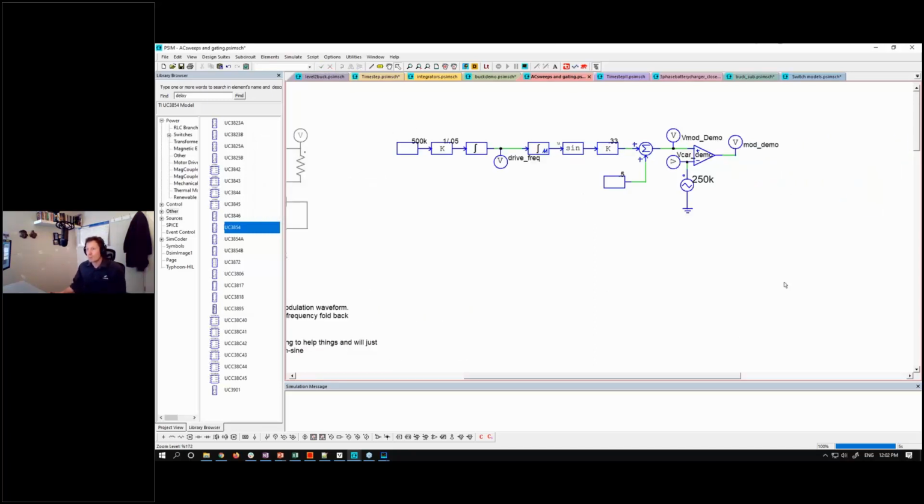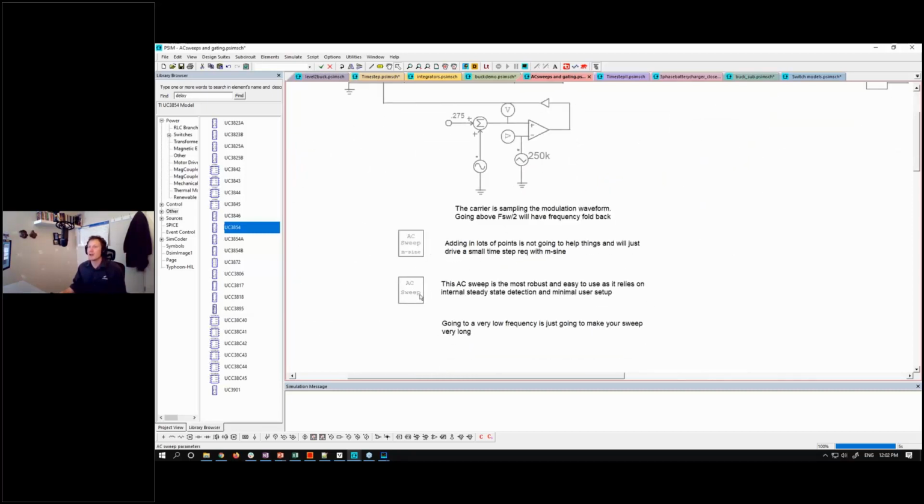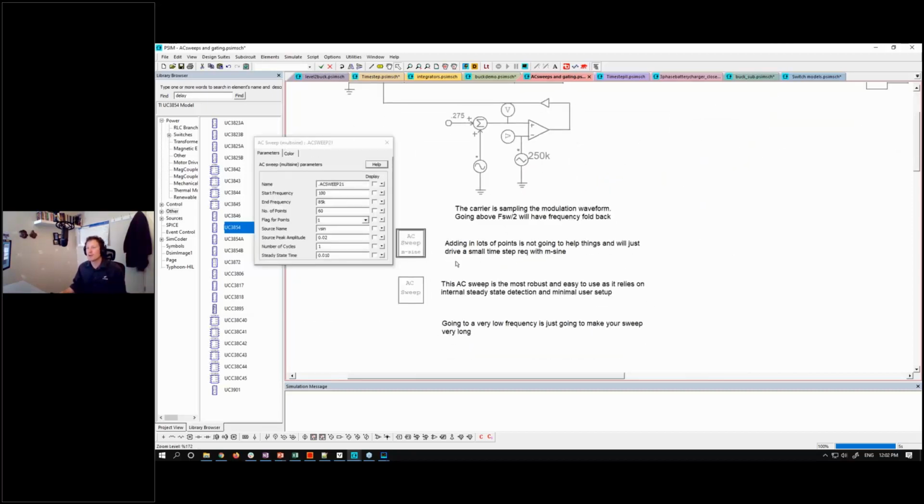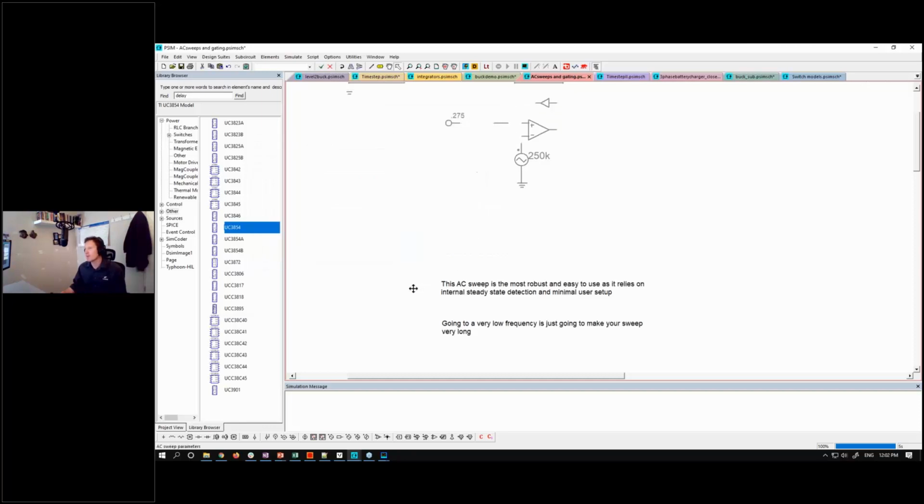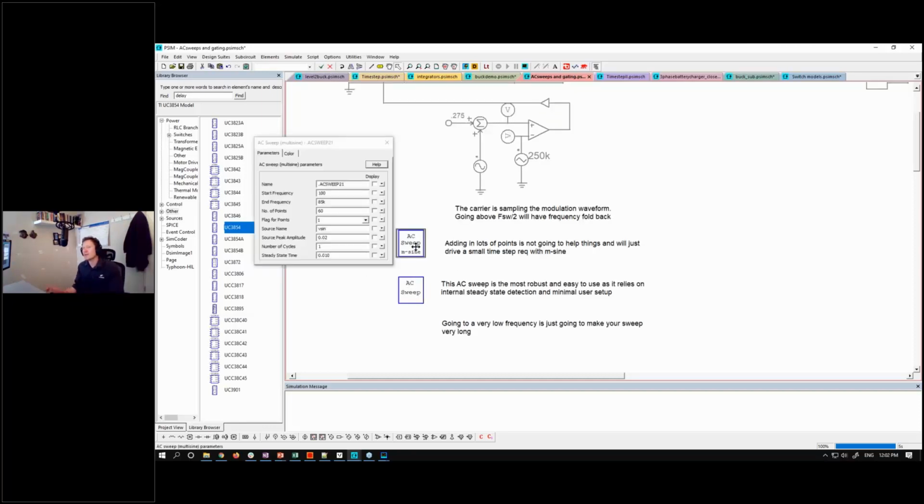Other things that people do is they start adding in a huge number of frequency points. We have several different methods of doing an AC sweep. With the multi-sine method, you need to know the steady state time, and then it injects frequencies.